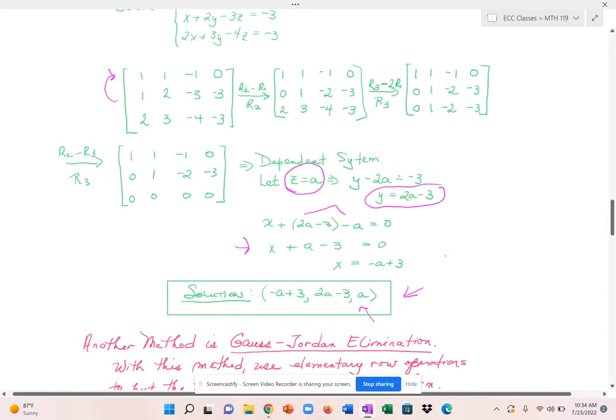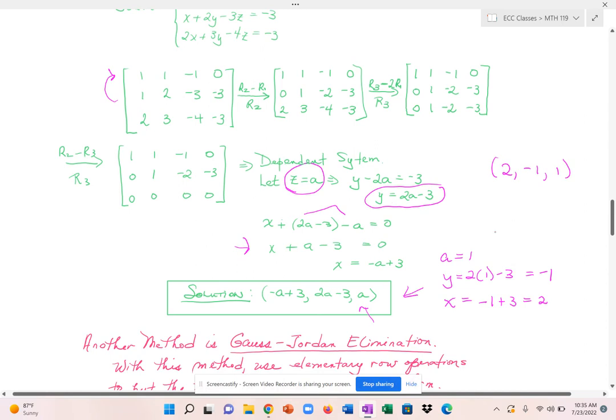So for example, if I said a is 1, then y will be 2 times 1 minus 3, which is negative 1. I didn't need that parentheses there. And my x would be negative 1 plus 3, which is 2. So one solution for this system would be 2, negative 1, and 1.